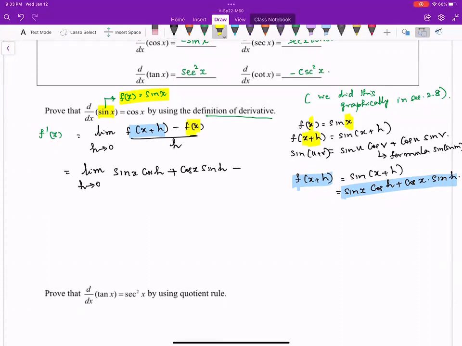That will be just sine x, right? That's given in the problem, sine x, divided by h. What is f of x equal to? Just sine x.